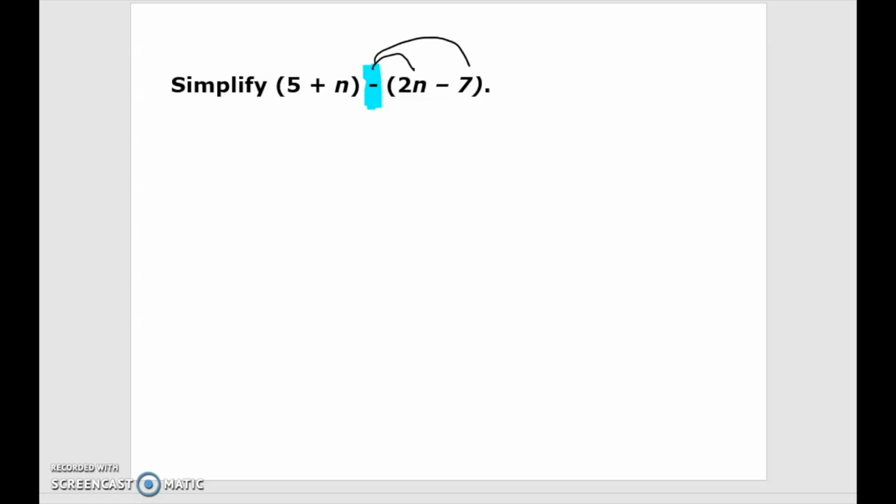So there's nothing in front here to distribute. See, there's nothing there. So I can just keep the 5 plus n. But there's a negative here, so I need to take the opposite of 2n. The opposite of positive 2n is negative 2n. Then I need to take the opposite of negative 7. The opposite of negative 7 is positive 7.